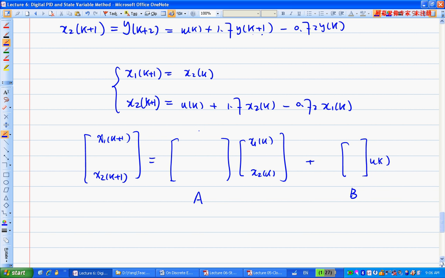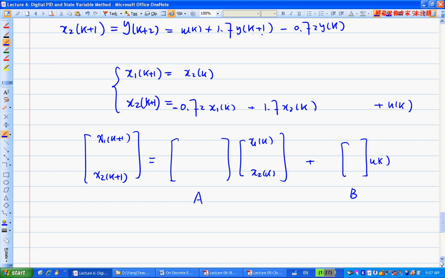To help you look at this a little better, I'm going to move this u of k to the back, and rewrite this one slightly as negative 0.72 x1 of k plus 1.7 x2 of k.